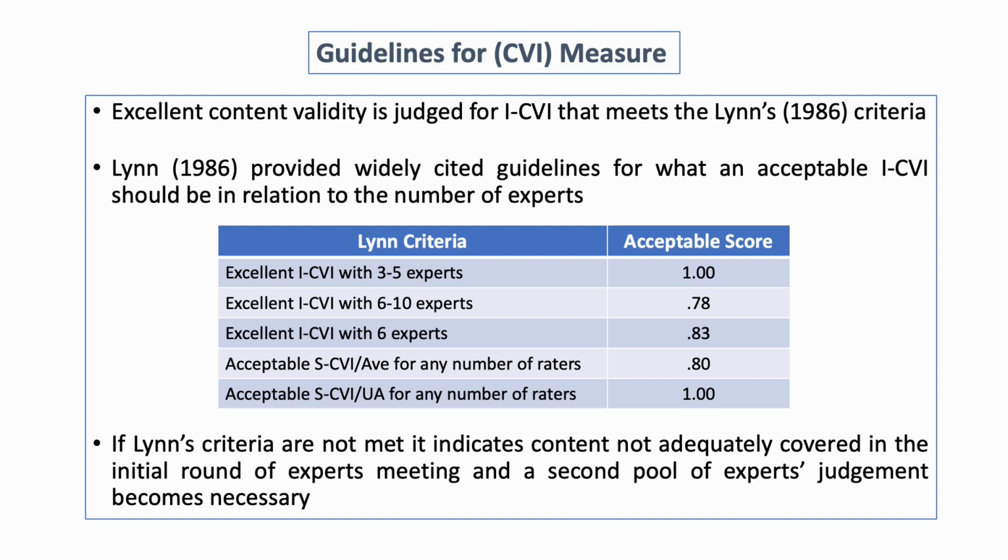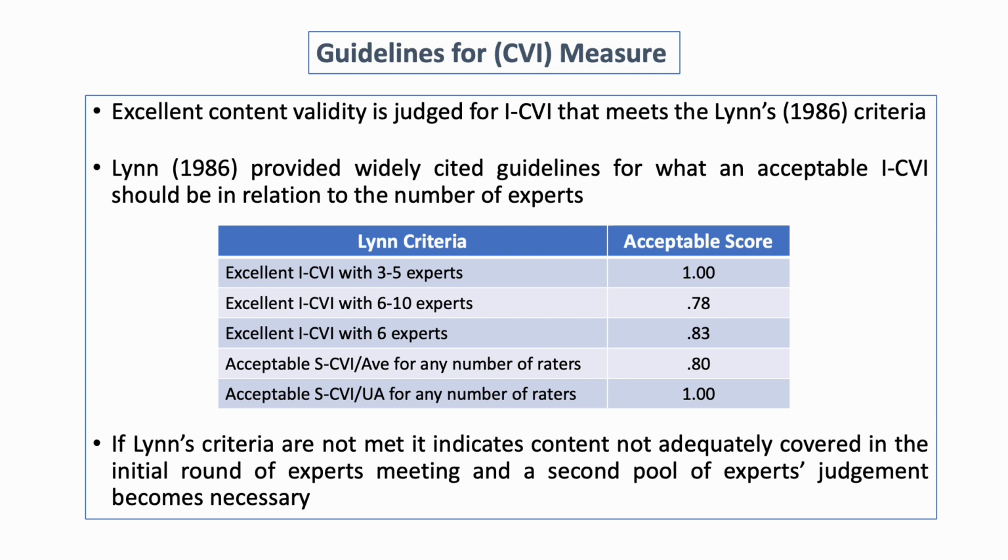So for Lin's criteria, it is important how many experts are engaged, and it will vary accordingly. The excellent ICVI with 3 to 5 experts should have an acceptable score of 1. So it's better to engage more experts so that you have more leverage and more room for acceptance.